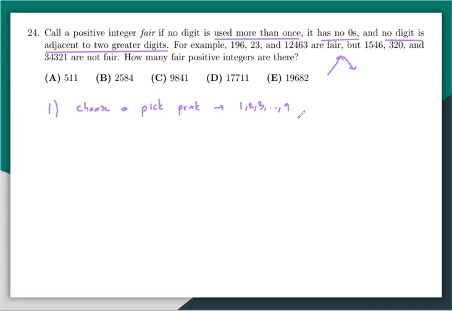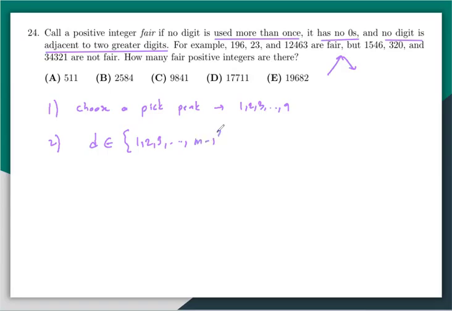So we have 9 options for it. But for the second, I will choose a smaller number. Let's say my second number is some number D. D is an element of 1, 2, 3, all the way to, if I choose my first number from 1 through 9, which I don't know yet, let's say m minus 1.